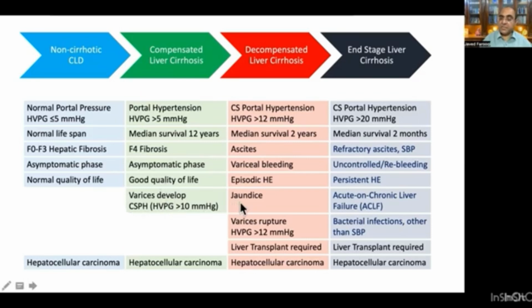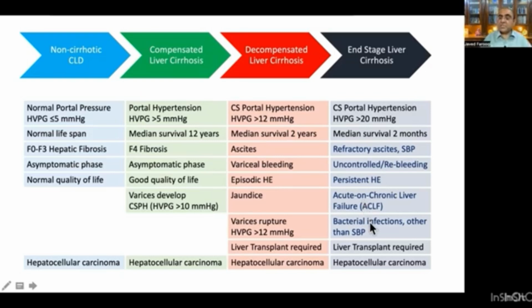In the decompensated, yes. So the acute on chronic liver failure, if it happens in non-cirrhotic chronic liver disease, it will put the patient on a fast track from non-cirrhotic to end stage. Similarly, compensated liver cirrhotic patients, if they develop acute on chronic liver failure, will be on a fast track to the last stage.